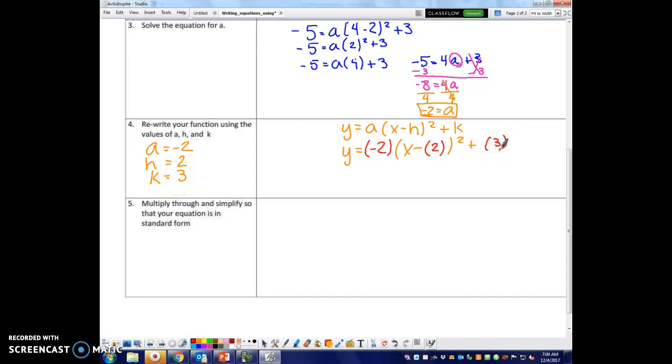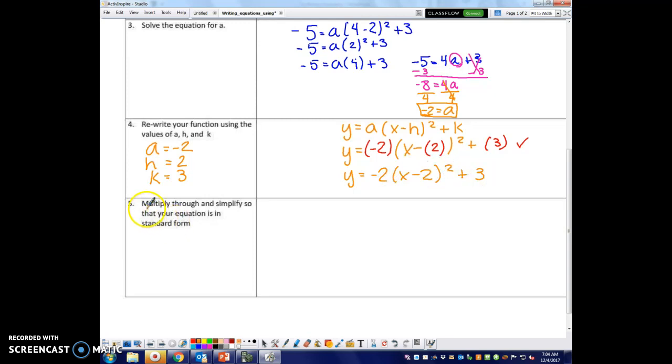Okay, pause, look at it, put a check mark on the side if you understand what just happened. If you do not understand, pause, call me over and let me explain it to you. We're going to rewrite it to look prettier. So y equals negative 2 times x minus 2 squared plus 3.